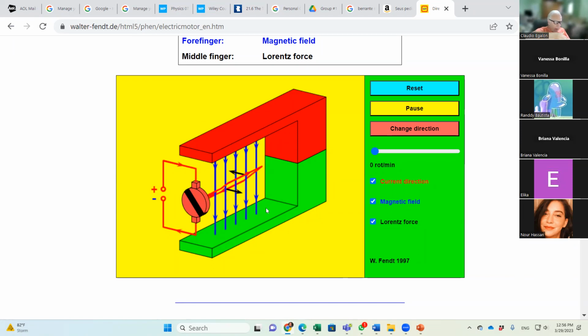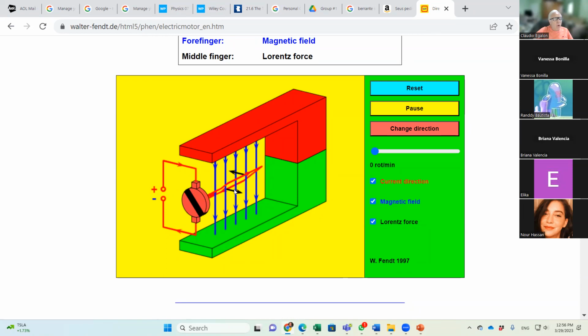Electric current going to the left, right? You cross that with the magnetic field, and then you get this other force here in this other arm of the loop. Okay, on this arm of the loop, we still have a magnetic force, but it's going to be pulling along the axis of the loop.